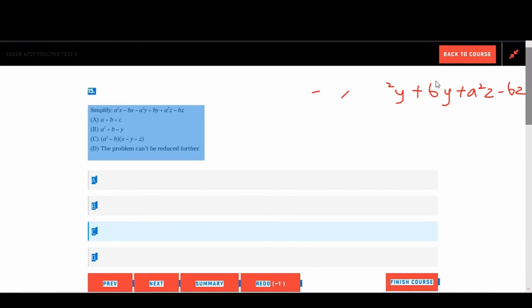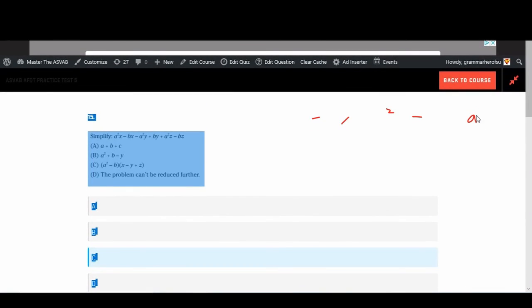That's too big to fit on my screen. Sorry about that. Let me rewrite that for you. Got a squared x minus bx minus a squared y plus by plus a squared z minus bz.